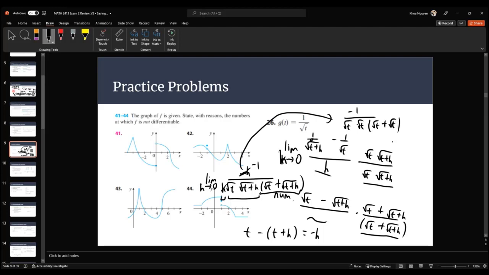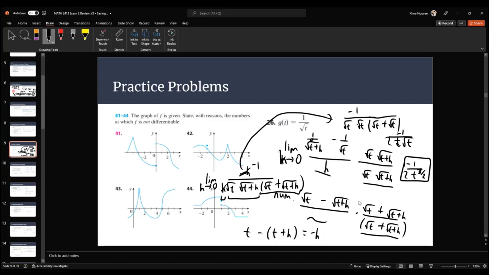When things are alike, you can combine them, and you get 2 square root of t. Square root of t times square root of t is also t, so you get t times square root of t, and there's also a 2 in front. So it's -1 over that. You could also rewrite that as -1 over 2t to the 3 halves, if you want to write it that way. There are several ways to write it, but essentially it ends up as that.